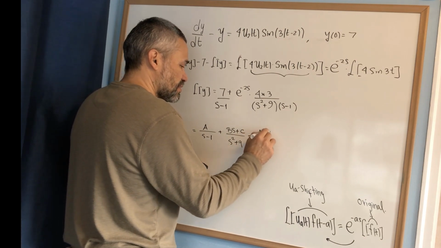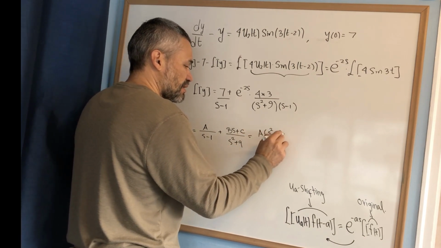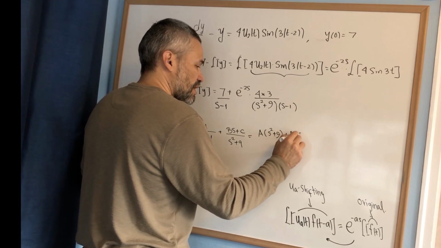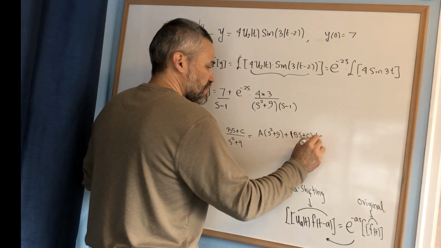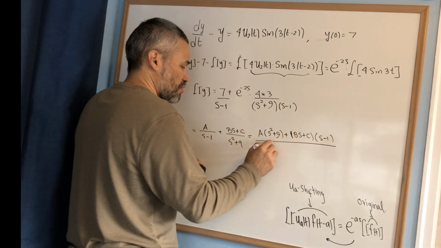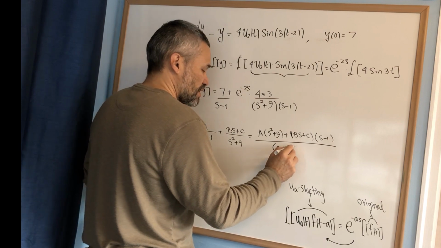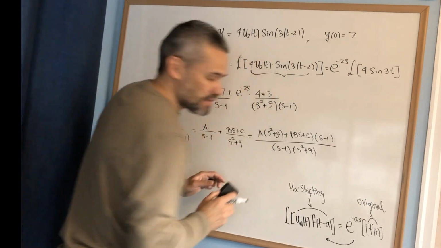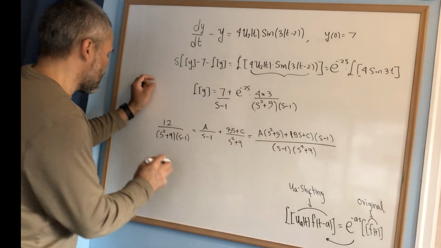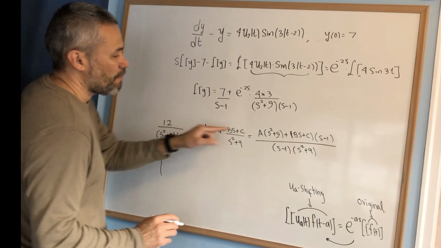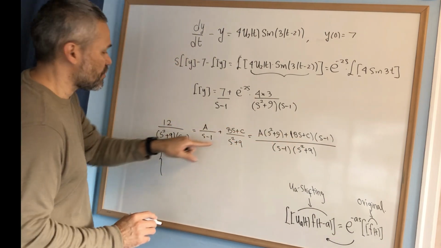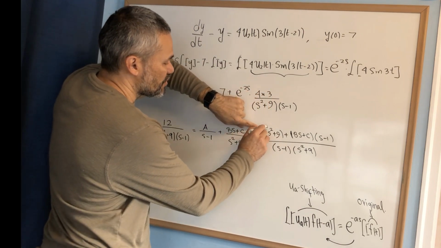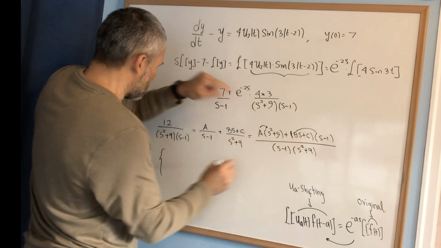Then we proceed, we do the algebra. This is a times s squared plus 9, plus parentheses bs plus c times s minus 1, over s minus 1 times s squared plus 9. And then we find the coefficients. The highest order is 2. What is the coefficient of s squared here? We get an a plus b.